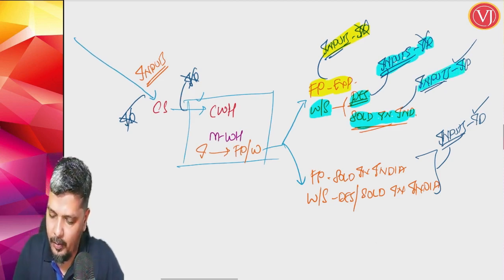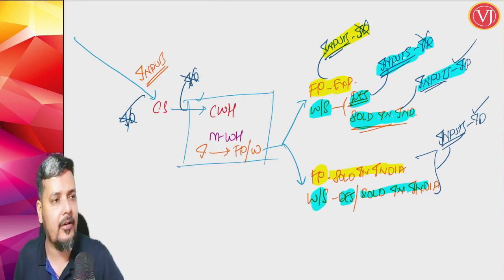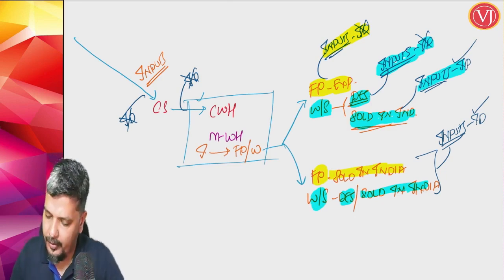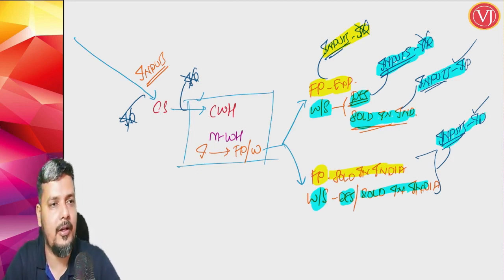What about final product sold in India and the related waste and scrap, whether destroyed or sold in India? Now you don't have any benefit. You have to pay import duty on the related inputs. Are you guys clear with this understanding?